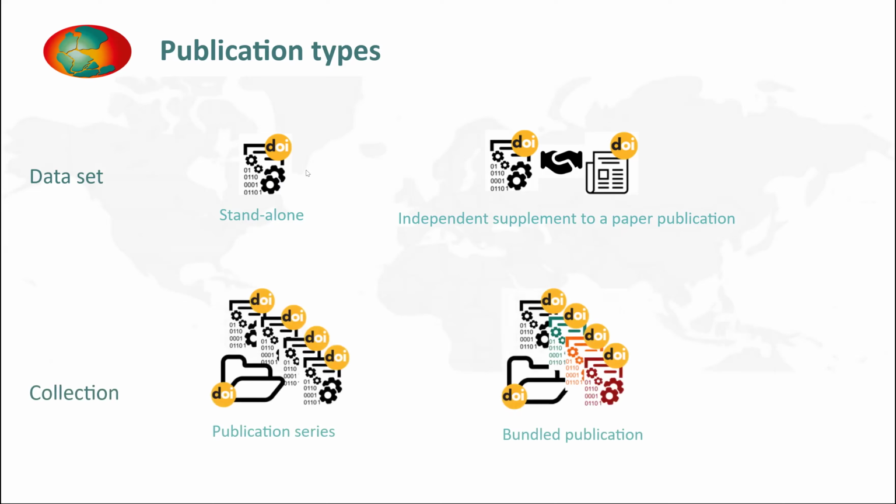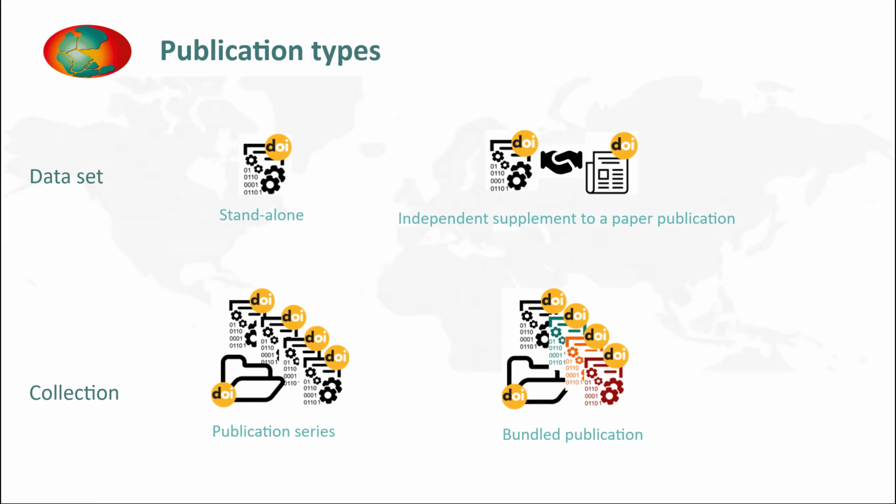And then we also have data publication types, so-called collections. Examples of those could be publication series. These collections you can imagine maybe like a book that consists of chapters. Each of these individual data sets would have their own DOI, would be independently citable, but would have an overarching collection, which could then be cited as a whole bundle.